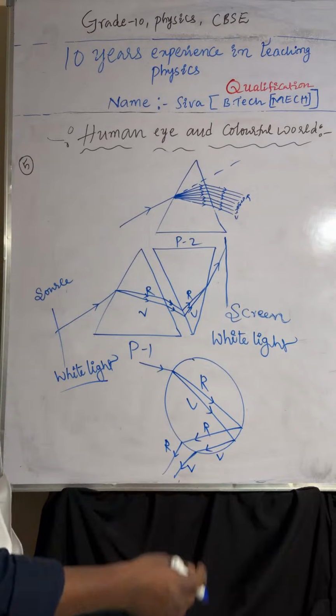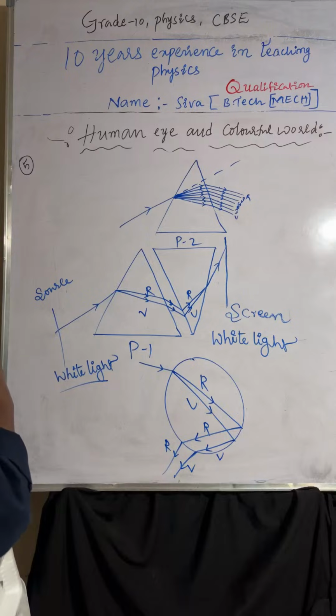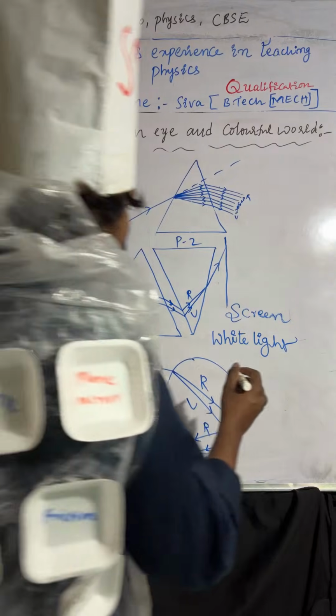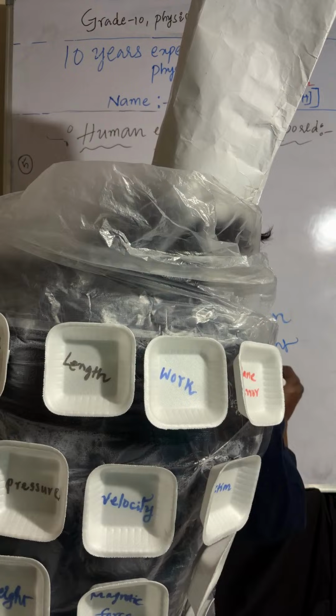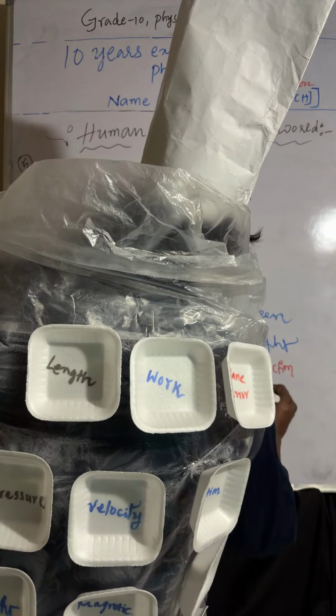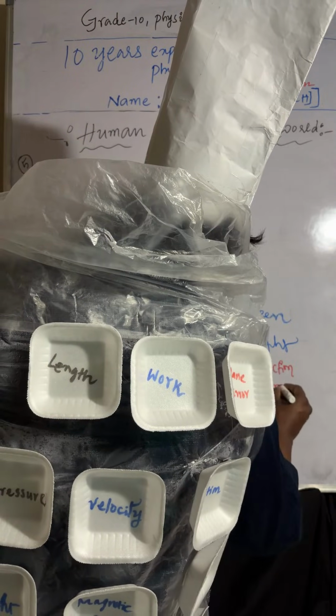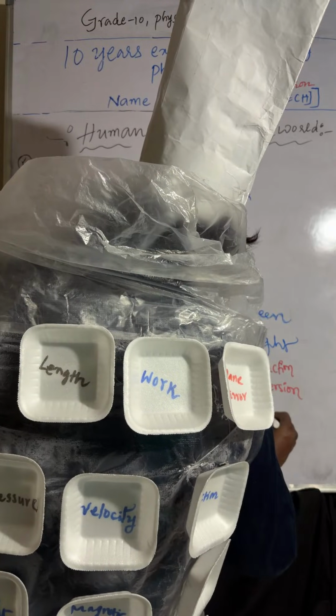Now you can observe the phenomena involved in the formation of a rainbow. The phenomena involved in the formation of a rainbow are refraction, point number 1, dispersion, point number 2, and the next one is internal reflection.